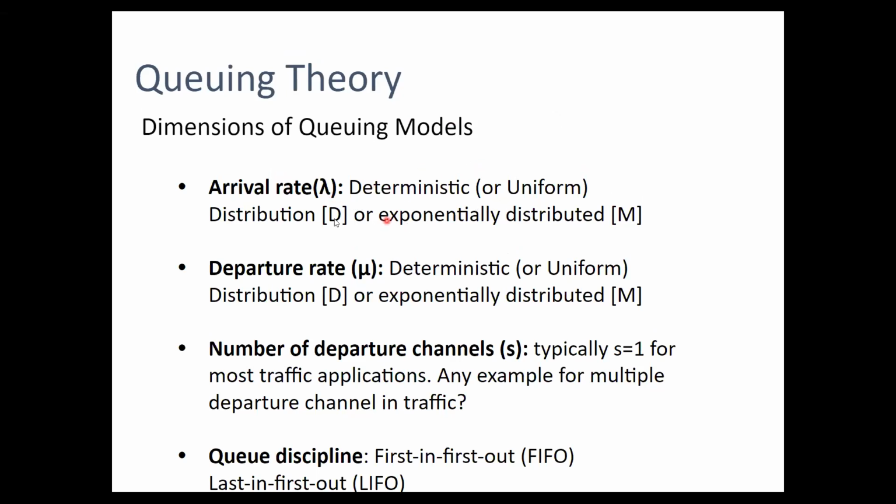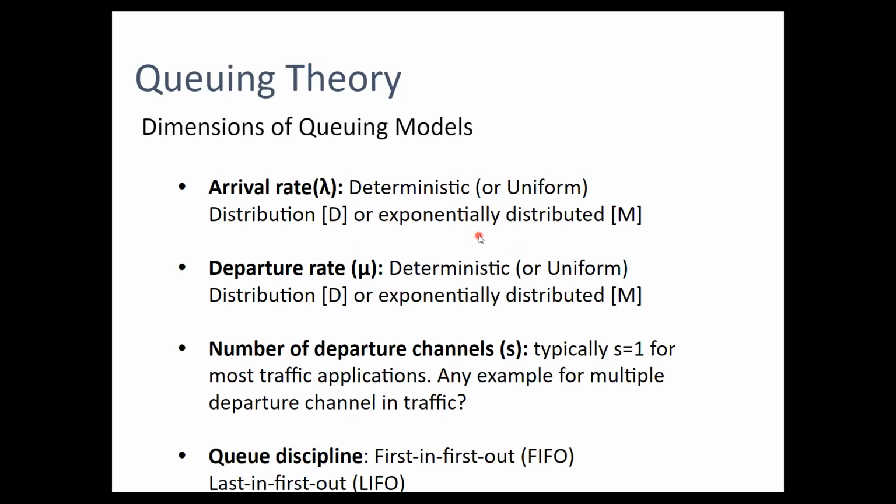It's deterministic or uniform distribution or exponentially distributed. So you could have it where you're assuming completely deterministic arrivals, or you're assuming some sort of random component to that. And we've seen that in vSim.